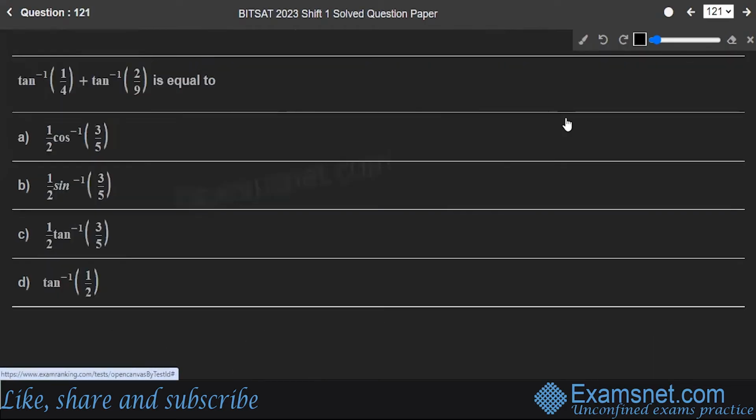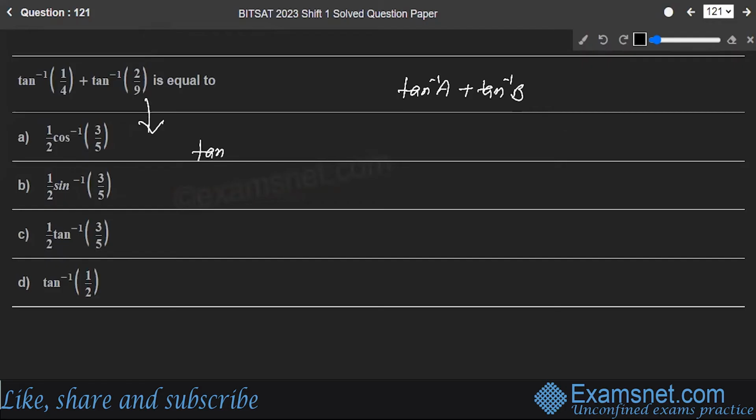Hope you understood this. Next is question number 121. You are given that tangent inverse 1 by 4 plus tangent inverse 2 by 9 is equal to. See, this is the formula for tangent inverse A plus tangent inverse B. This will be equal to tangent inverse (A plus B) upon (1 minus AB).